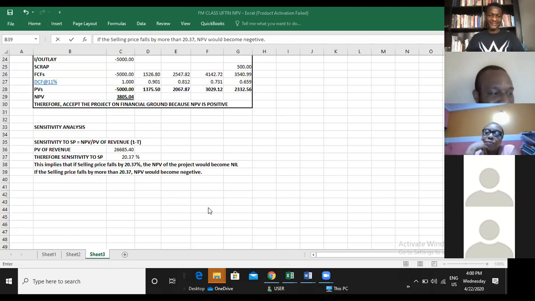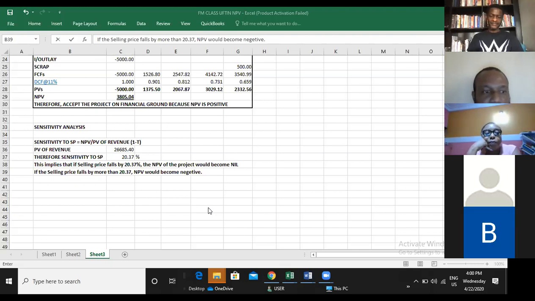Sorry, please, can you just explain to me what you did? The whole of sensitivity analysis, I was off. Okay, so we said sensitivity measures how a change in one project variable will affect the net present value of a project. And so we looked at our sensitivity to selling price as the first one. And from yesterday, we said our sensitivity is net present value divided by the present value of revenue.